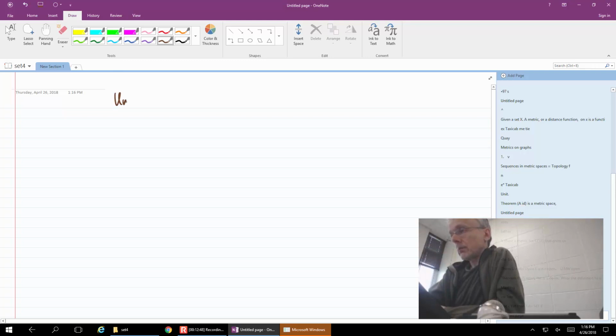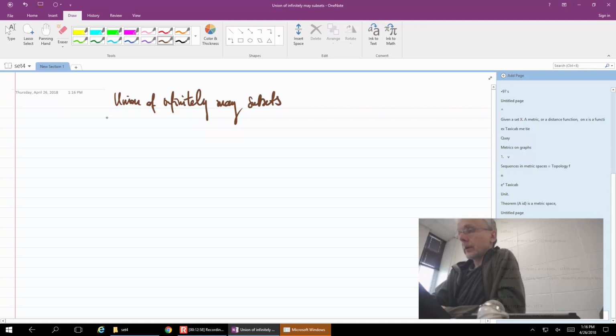Say the union of infinitely many subsets. Remember this is a union, and that's the notation. I want to emphasize the difference of notation.